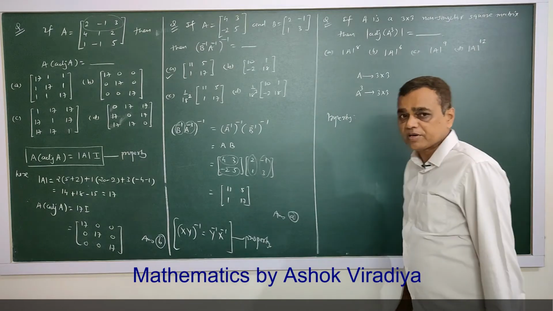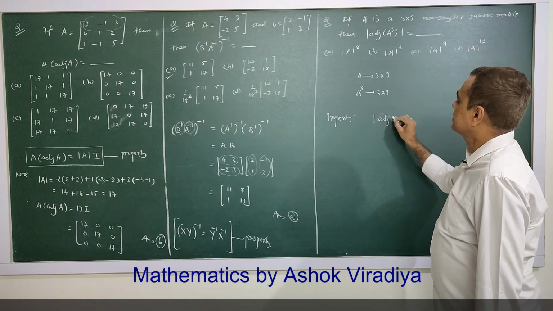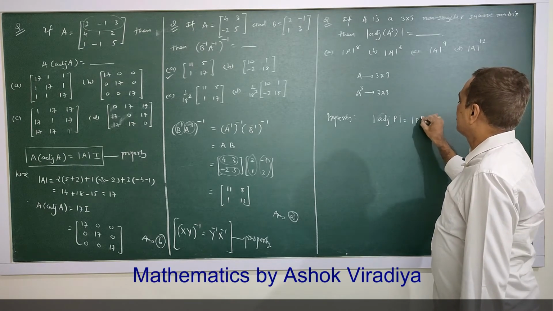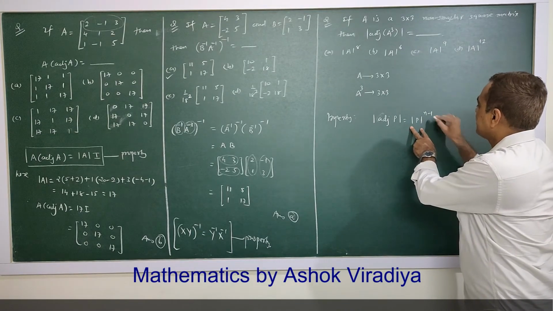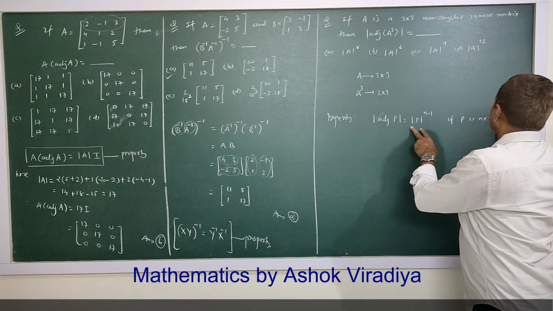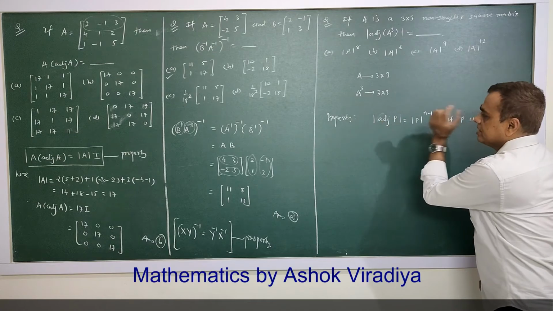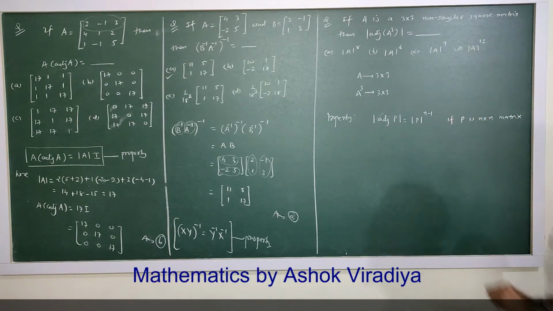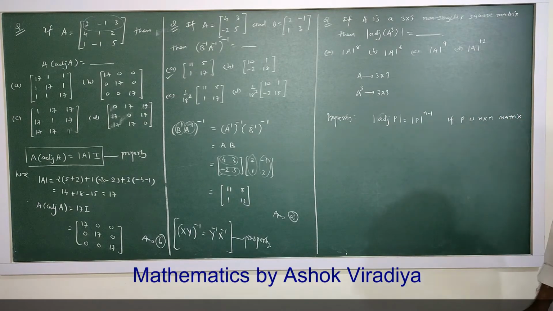Already discussed this property, that determinant of adjoint of matrix P is equal to determinant of matrix P raised to n minus 1, if P is an n by n matrix. Determinant of adjoint P is determinant P raised to n minus 1, where P is an n by n square matrix.